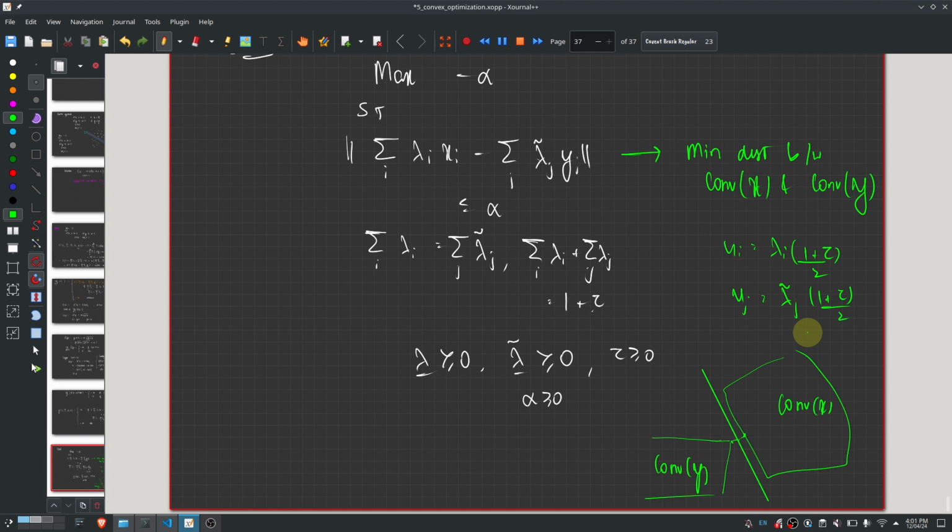You use this alternate parameterization and try to see what the dual optimization turns out to be. With this parameterization, you will see that the objective function here is a scaled version of the minimum distance between the two convex hulls.